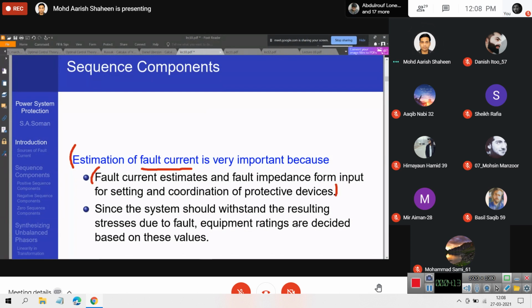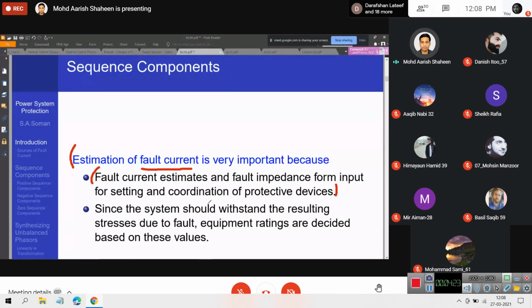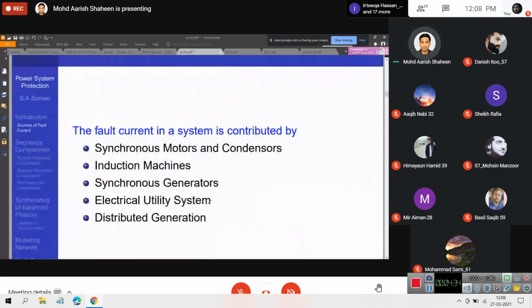We shall see in the coming lectures that, especially when we look at more practical systems, many of them are incredibly dependent upon the sequence components that can be obtained from the given kind of fault.